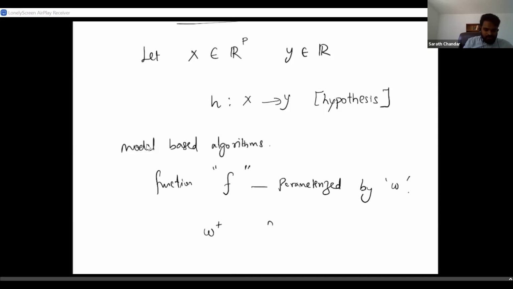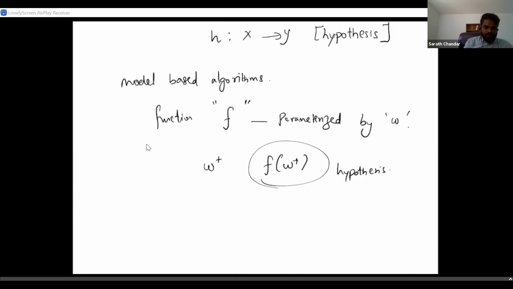Now this function, which uses this w plus to make predictions, is one hypothesis. So basically, for every possible configuration of w, you have a hypothesis. And again, the problem is the same: we are interested in finding the right hypothesis which will have zero generalization error, right?